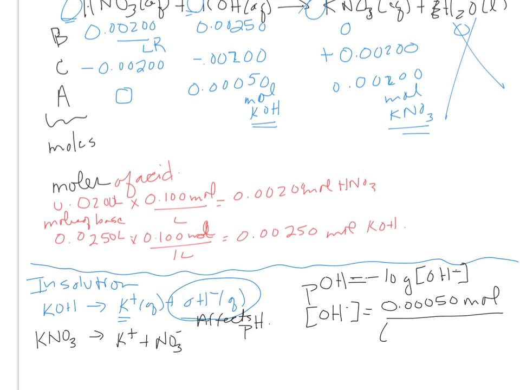That's going to be your 20 milliliters plus your 25 milliliters. If you convert that to liters and look a little bit harder at the significant figures, it would be 0.0450 liters.